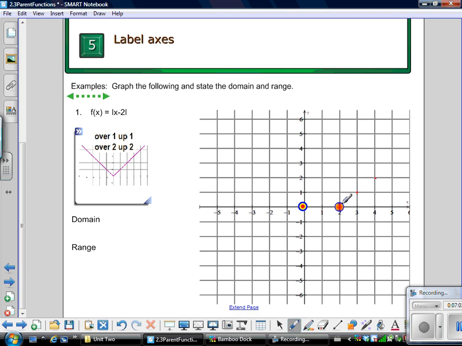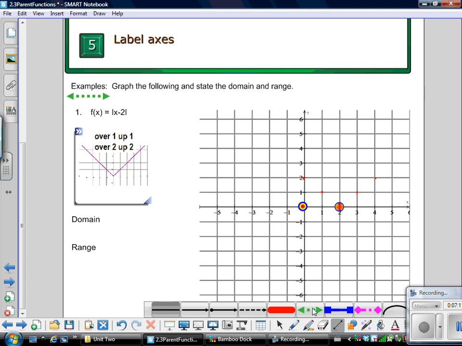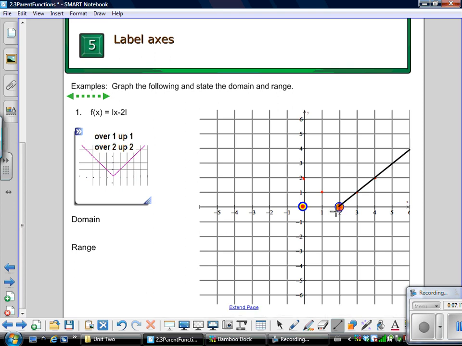We know this is symmetrical about the vertex, so we have enough points, and all we need to do now is draw our line through those points. We should also add arrows because it does go on forever. We're only seeing a portion of this function.